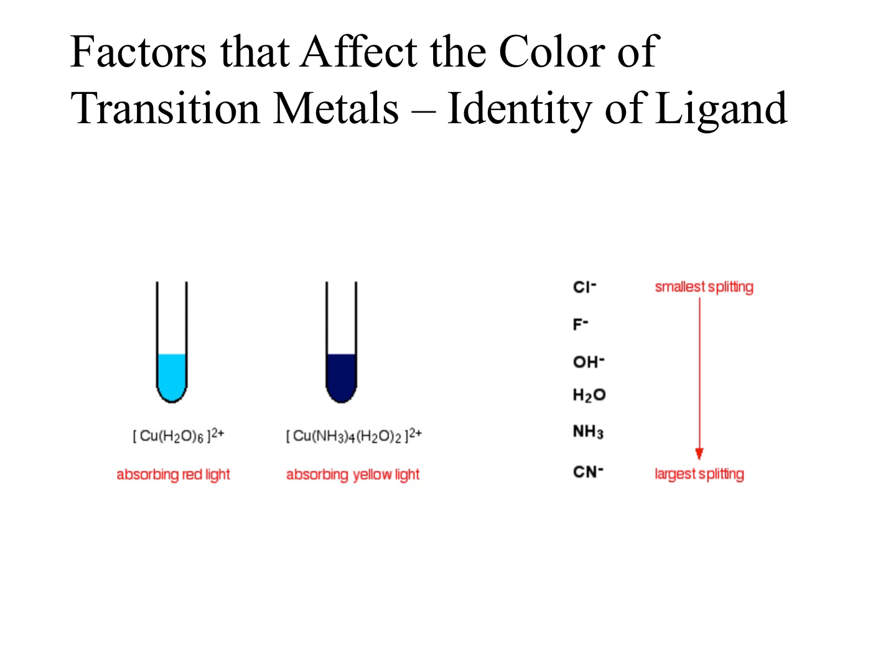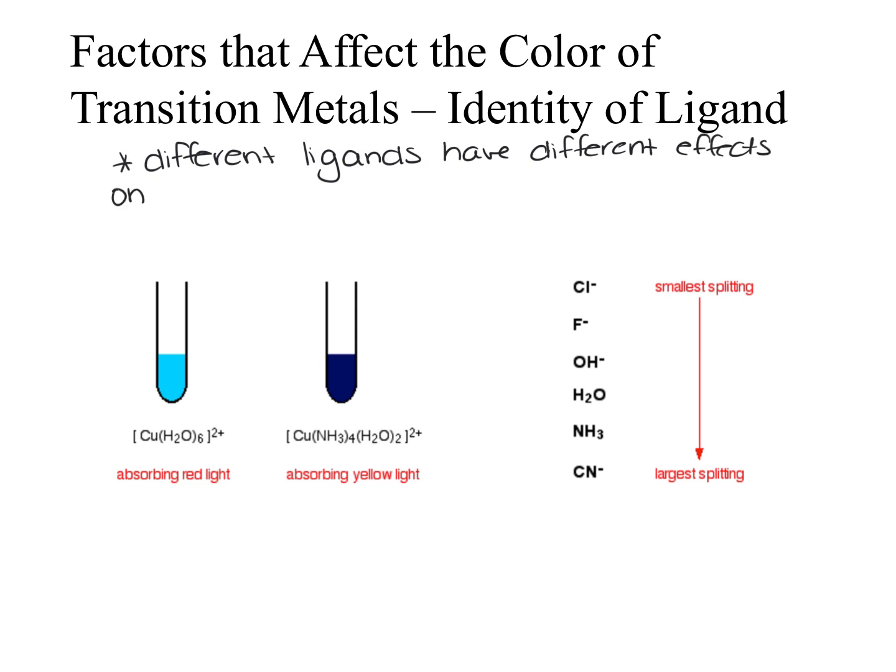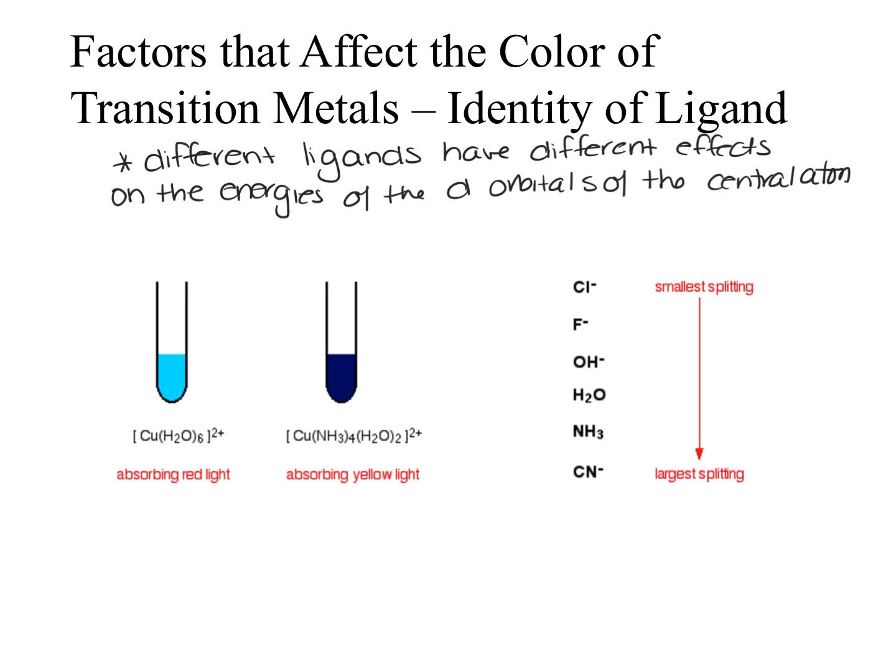So different ligands have different effects on the energies of the d orbitals of the central atom. Okay? So look at this copper complex.